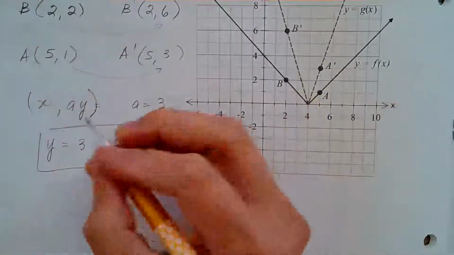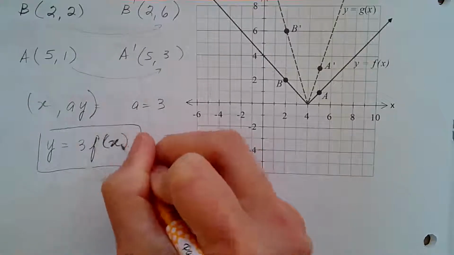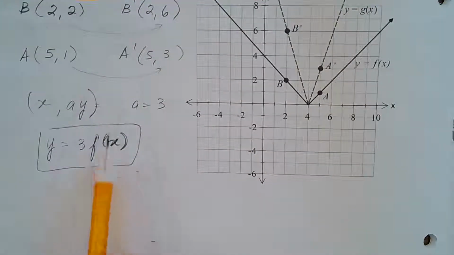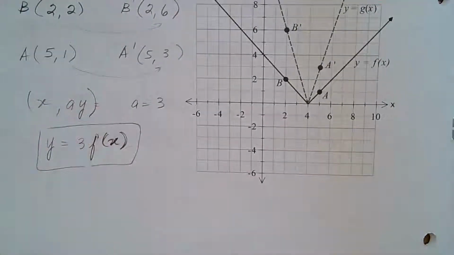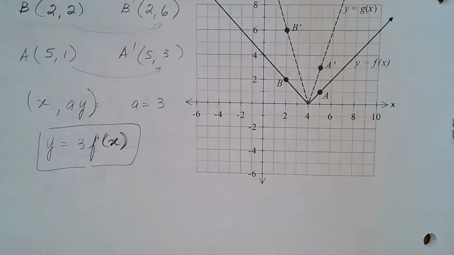It should be f of x. I have too many letters. So g of x is really 3 times f of x. Okay. Good. How do you like that? It's fun, right?